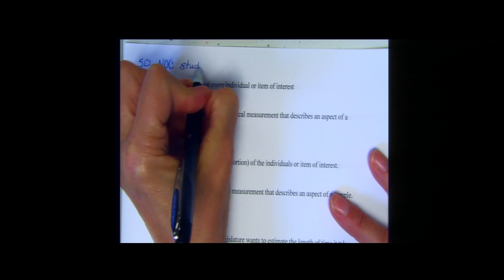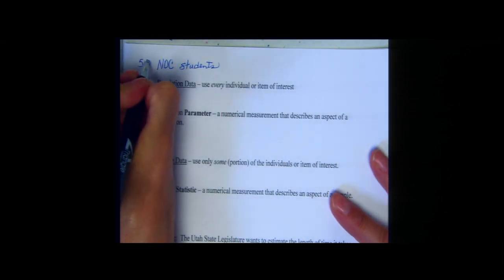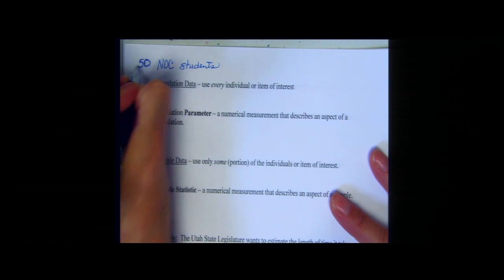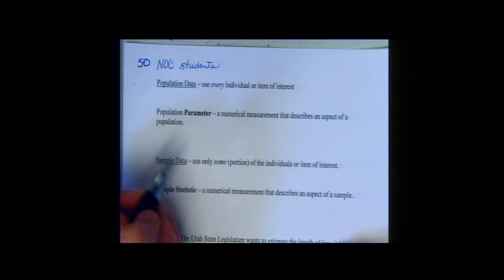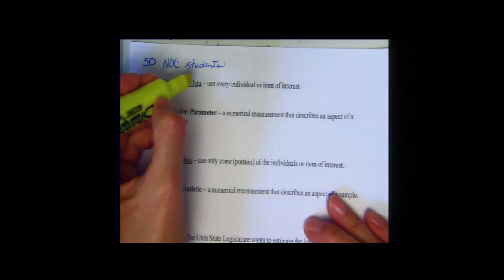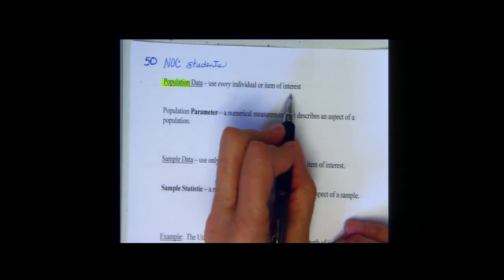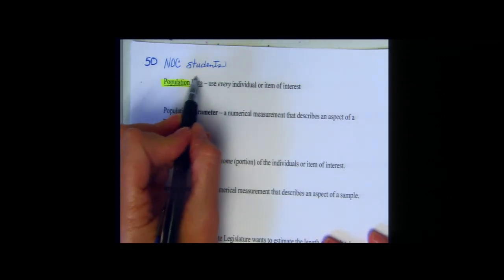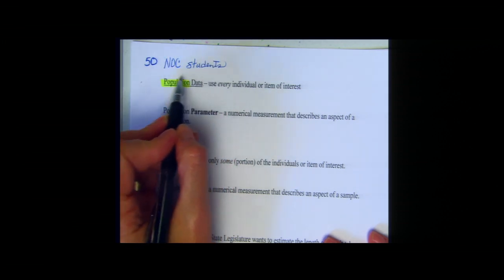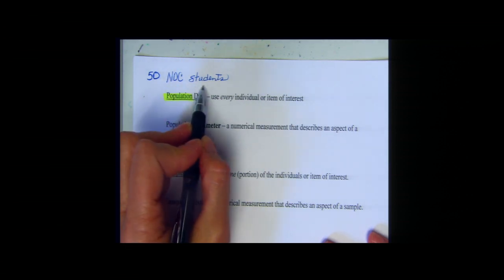If we were doing a statistical study on 50 NOC students, and I want to relate that to population data and sample data. So population data is when you use every individual or item of interest. This is not a population data because there are more than 50 NOC students.